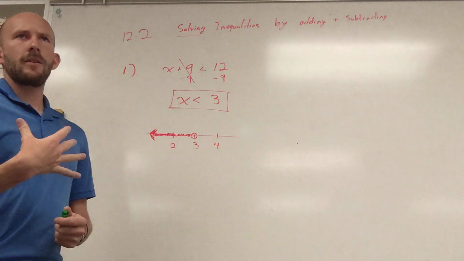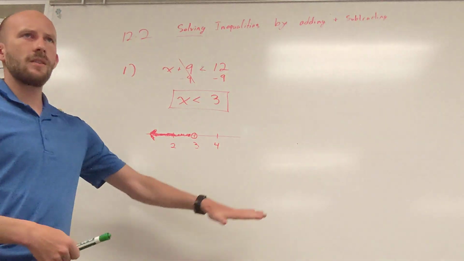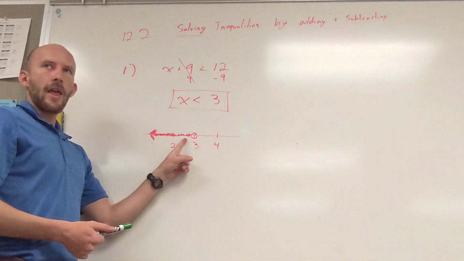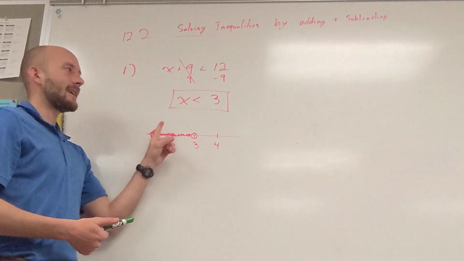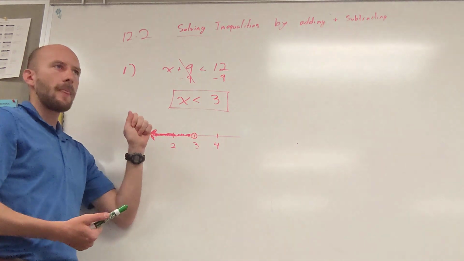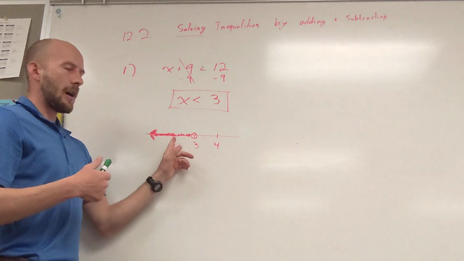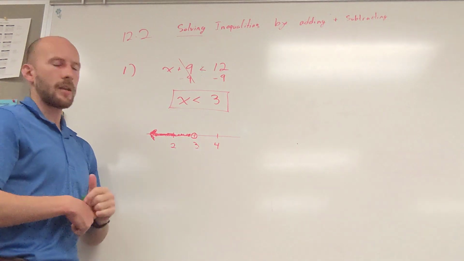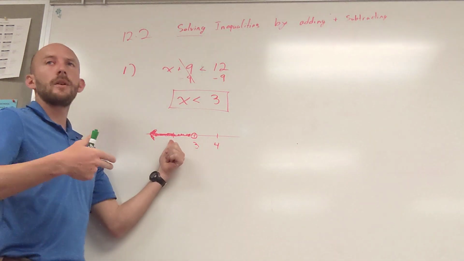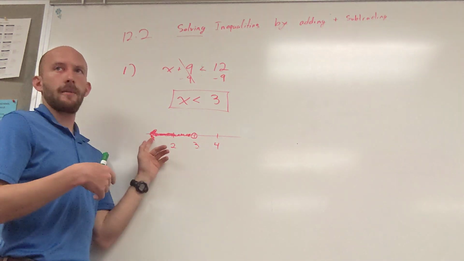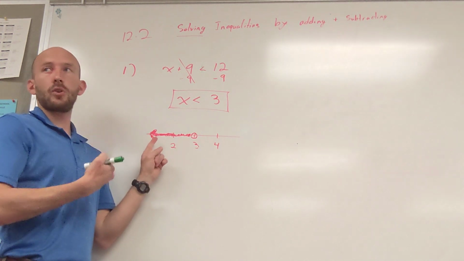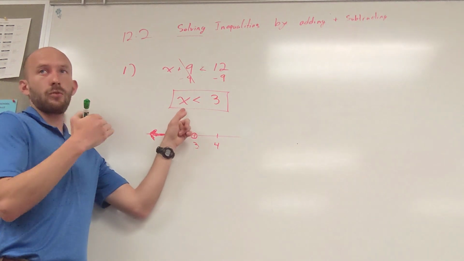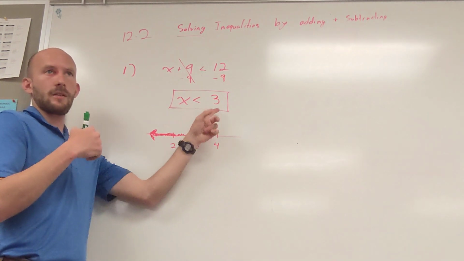What I want to talk about here, just to make sure that we understand, is the reason that we're graphing like this: everything over here that's shaded is a solution. So you can check, and it should work for both our answer here and the original inequality. Like 2 is in the shaded area, so that should be a solution. If I plug 2 in, is that true? 2 is less than 3.